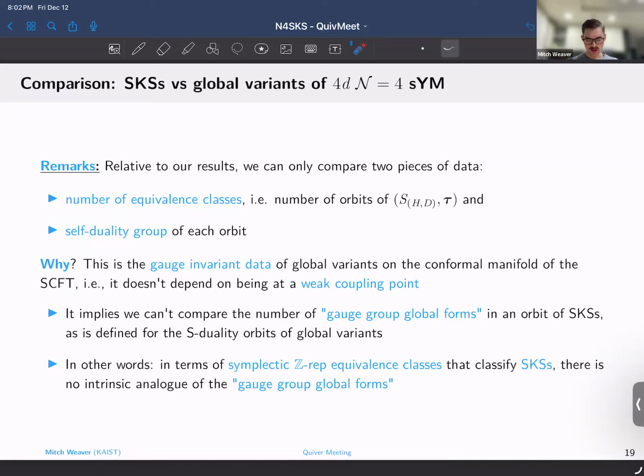In other words, there's really no intrinsic analog or mapping from an SK structure given by this pair, or rather its corresponding Z-rep, to a global form of the gauge group, one of these G_I. The classifications just don't line up in that way.